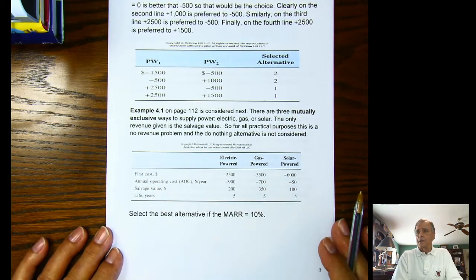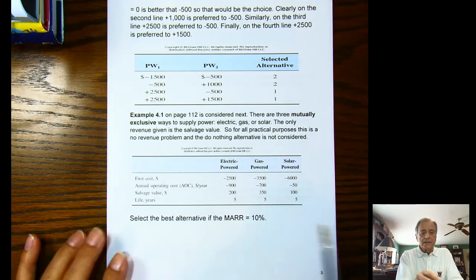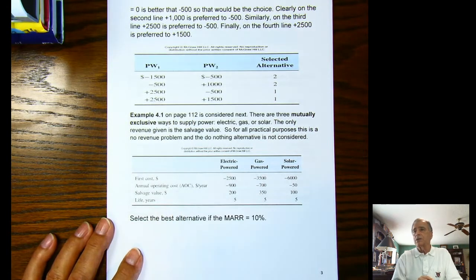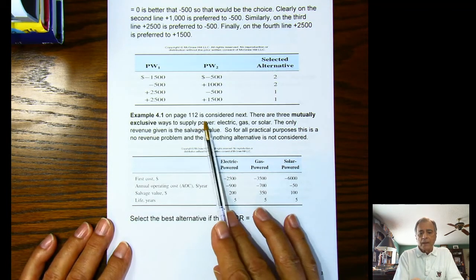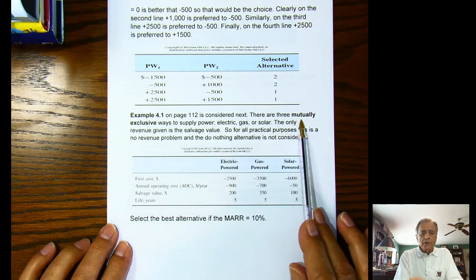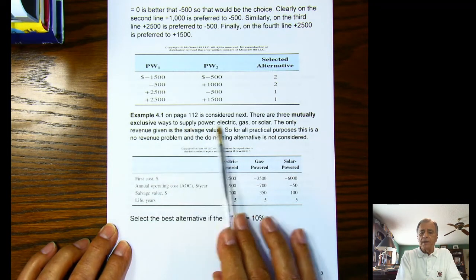The next example that I'm going to present is example 4.1, which is also listed on page 112 of your ebook, your smart book. There are 3 mutually exclusive alternative ways to supply power.